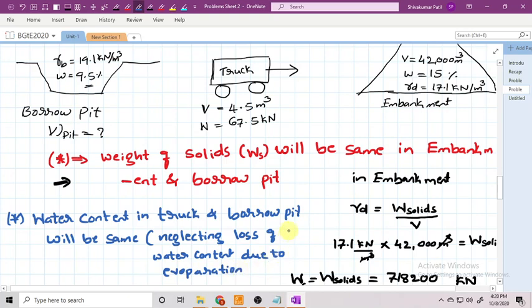Why am I writing this? Just to make sure that the little bit of water evaporating from the top layer, you can neglect, it will be very, very less. Except for that, the water content will be the same in the borrow pit as well as in your truck.